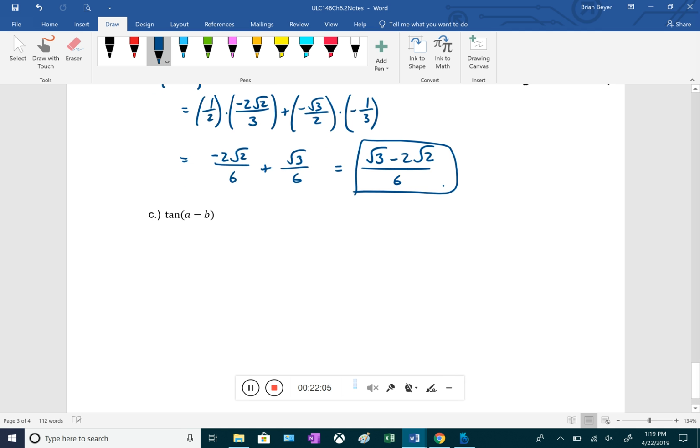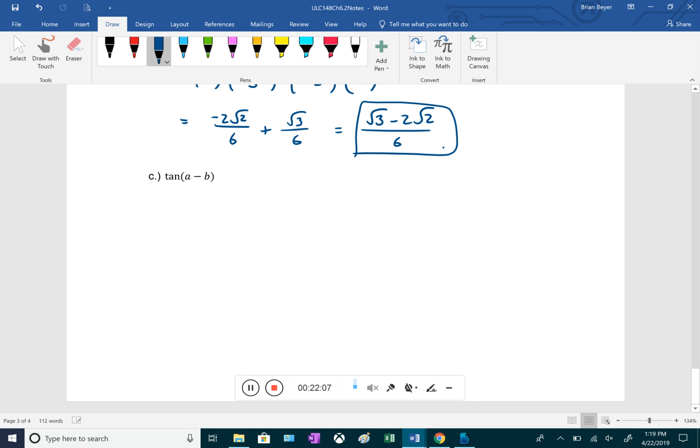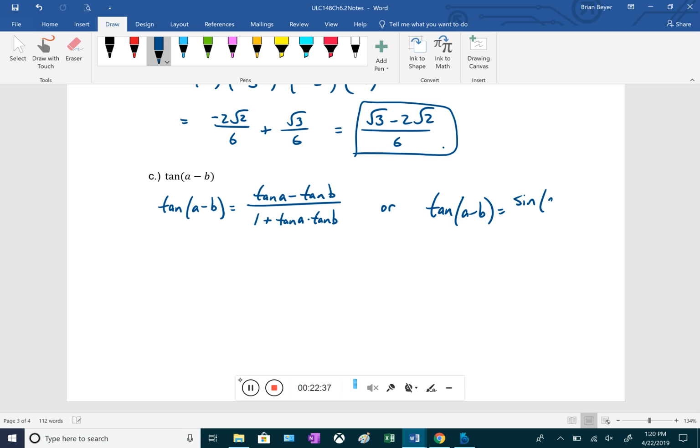Okay, lastly, tangent of A minus B. So writing down this formula, and then I'm actually going to do it a different way. So here's the formula for tan A minus B from that first page. We can totally do it this way, find tangent of A and tangent of B using the triangles that we drew. Or we could do tangent of A minus B, that's going to equal sine of A minus B divided by cosine of A minus B. Right?